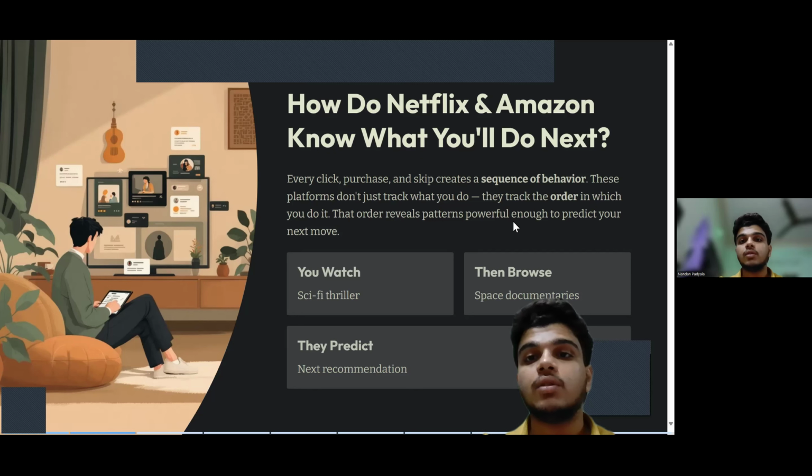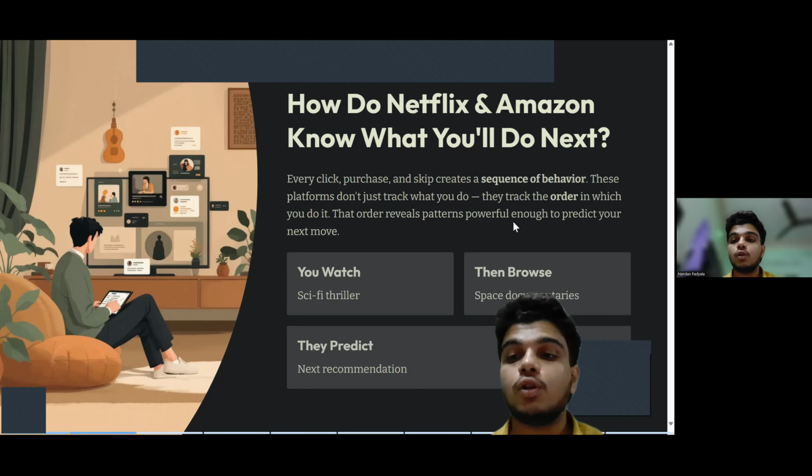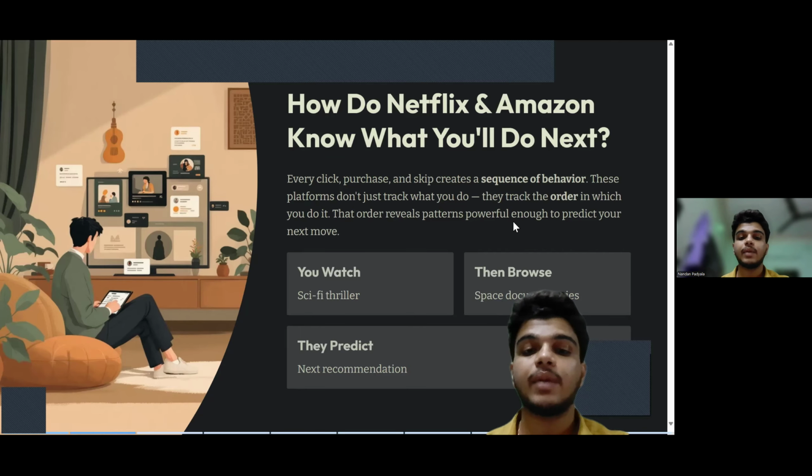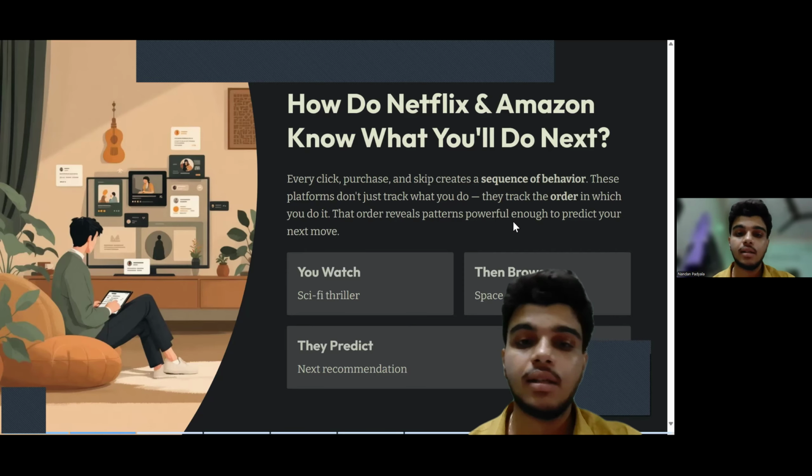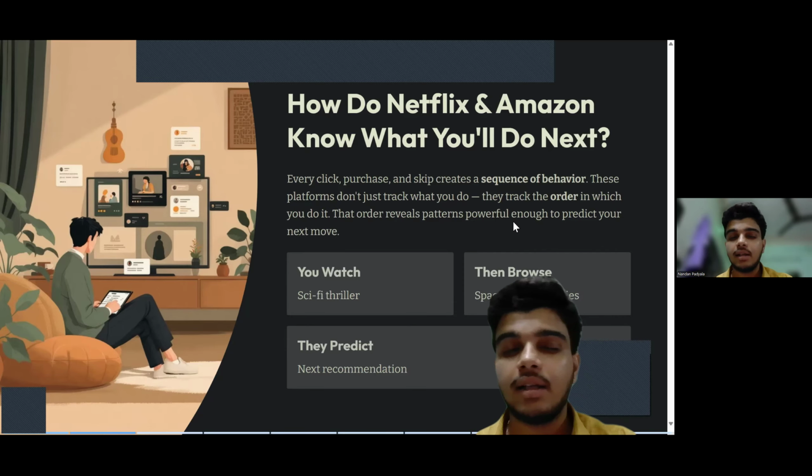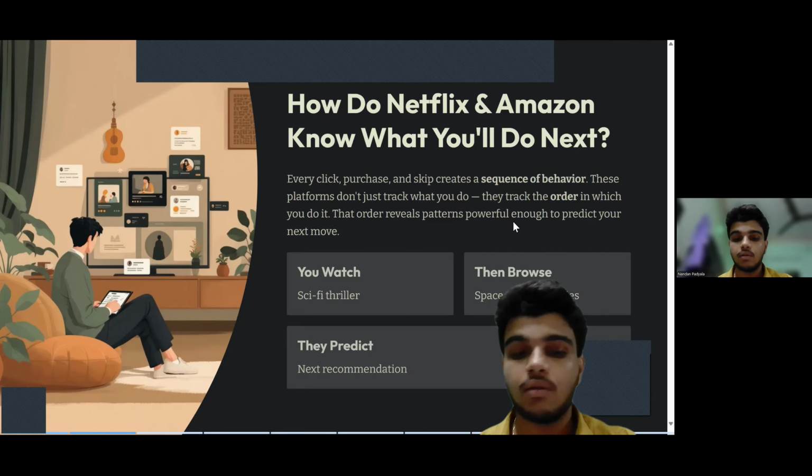So this is how Netflix and Amazon know what you will do next. They predict the next recommendation after you watch your favorite movie.